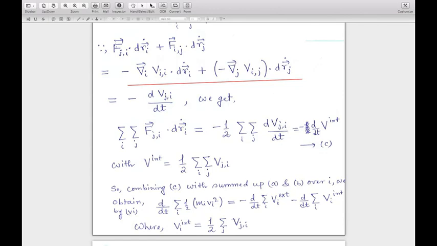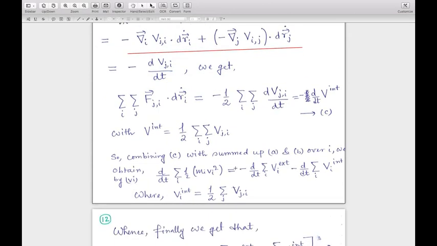Now taking this half and those two sums, which are commuting with d/dt, of course, you can write the whole expression as equivalent to minus d/dt of V internal, where V internal is the representative of the total potential energy due to internal forces, which is simply equal to half summation over i and j Vji.